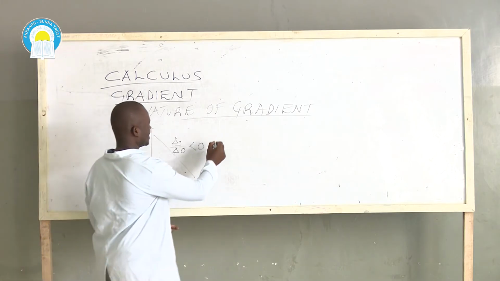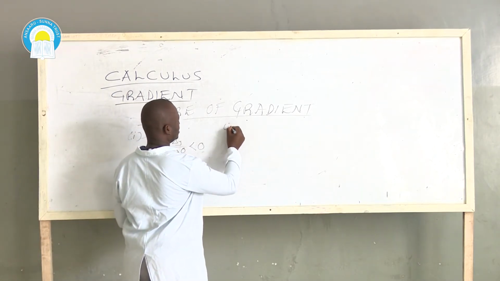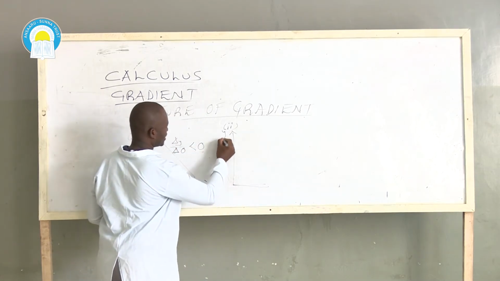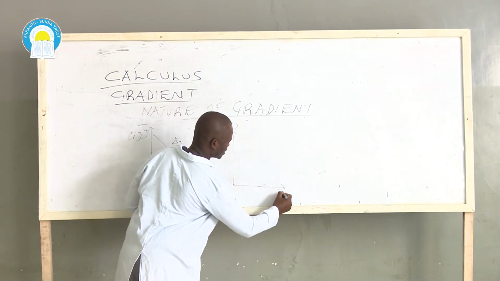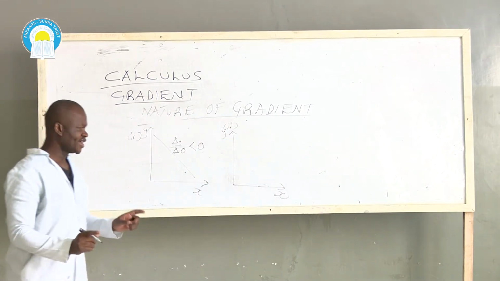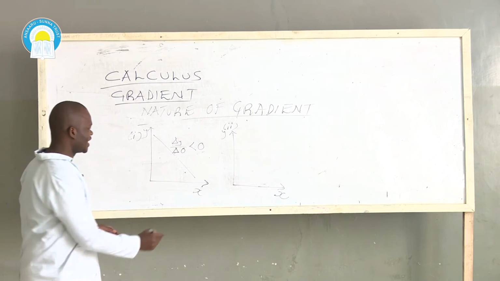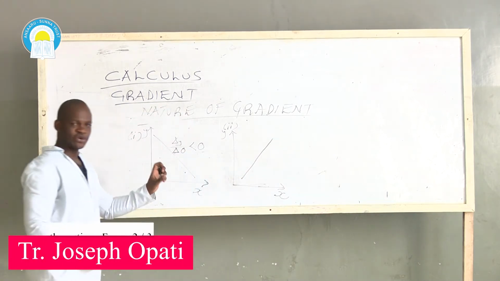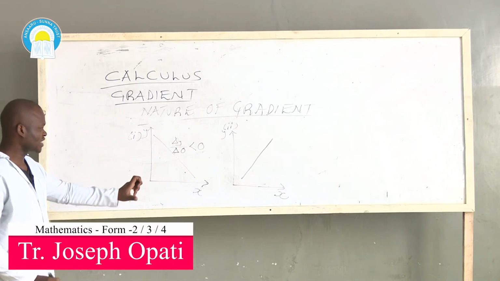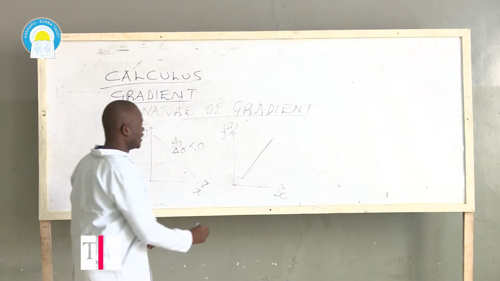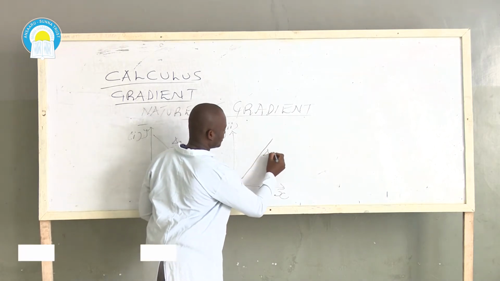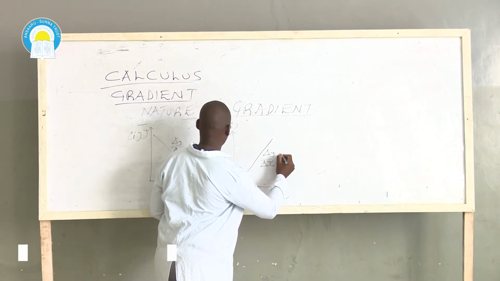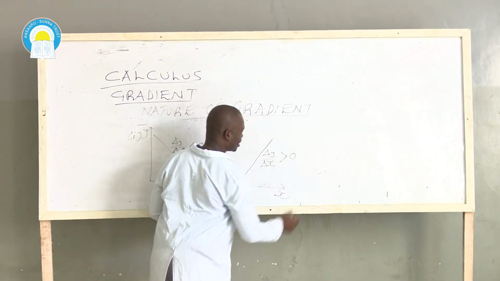We go to the second nature we discussed in terms of the summary now. Of course, we have the y-axis and we have what? The x-axis. We are saying if a line has this inclination, the outcome will be the line will have what? A positive gradient, meaning the change in y over change in x will be, of course, greater than 0, implying it is positive.